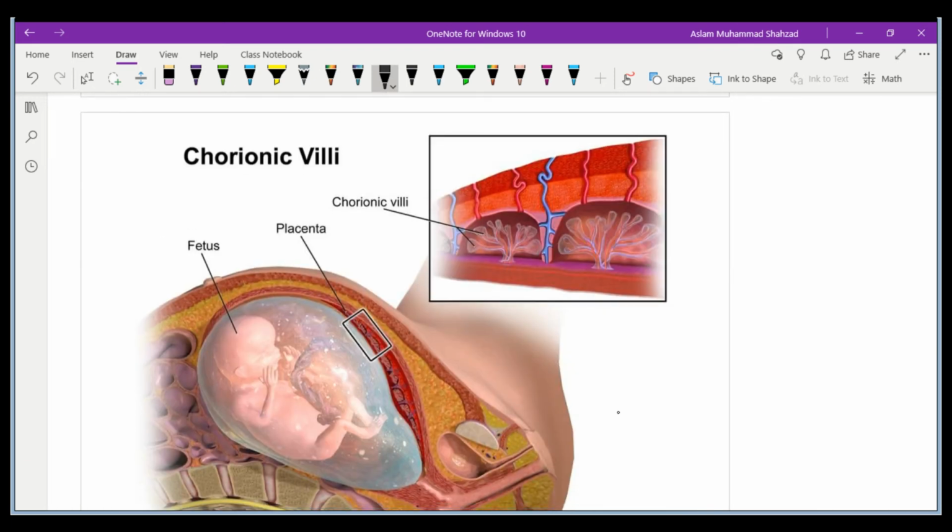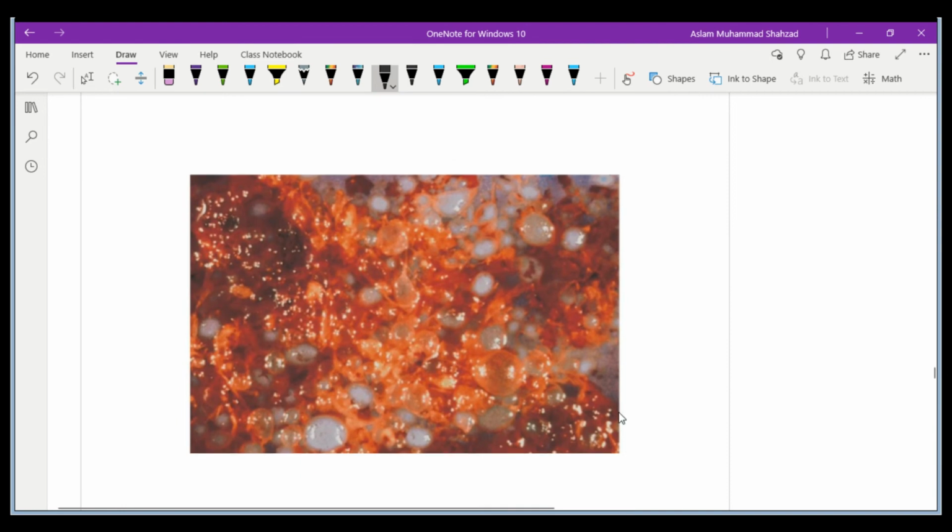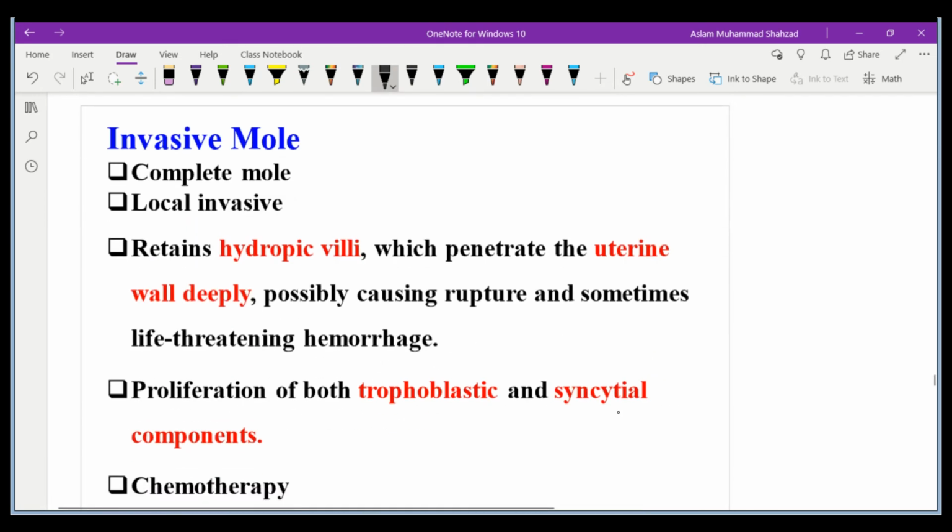When we talk about choriocarcinoma, it could be expanded from the chorionic villi, which can be seen here when we zoom in, and these chorionic villi contain the hydatidiform mole formation, the grape-like structure as you see in this picture. They could be an invasive mole, or a complete mole as we saw before, or a local invasion.